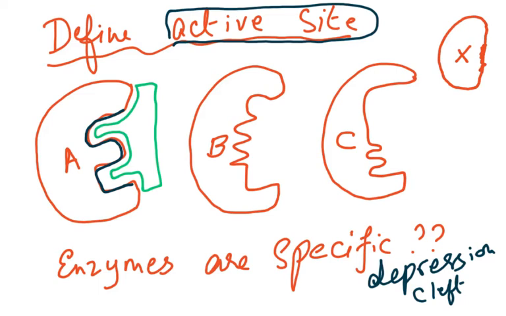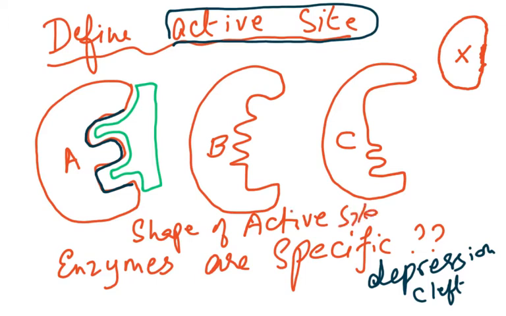Now you can see how enzyme A, B and C are totally different. The shape of the active site is different. So it is important that we use the correct biological English, the shape of the active site. The shape of the active site is different in these three enzymes, so a different substrate would fit.